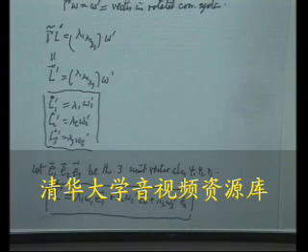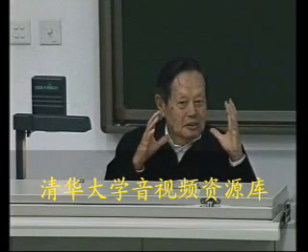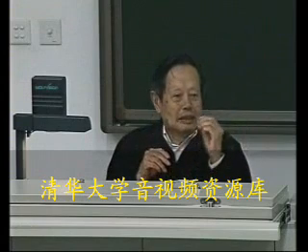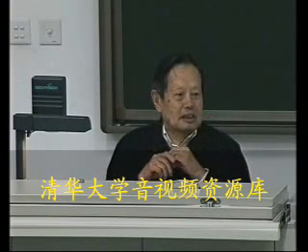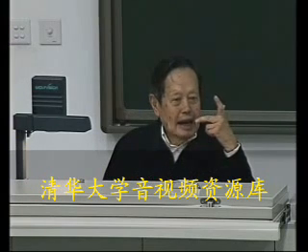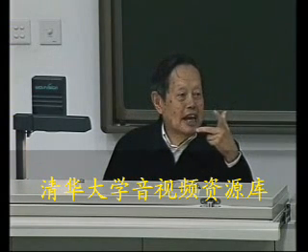Let's review what we have learned. The system, this body around the center of mass has the three axes. These are called principal axes of inertia.